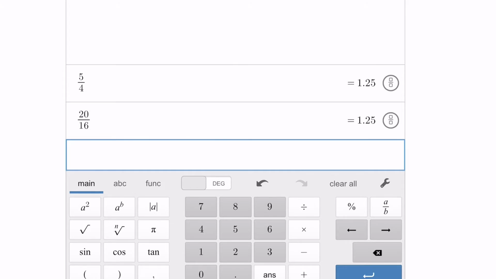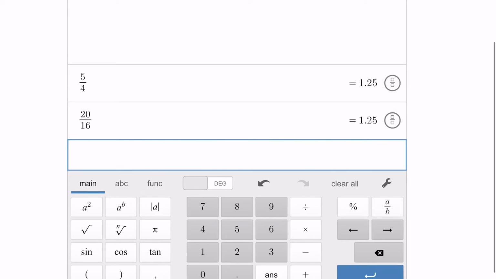What's really cool about this Desmos app is they actually simplify the fraction for you. If you click this little button right here off to the right, I know you can't see my pencil here, but I'm clicking those little circles, and it's going to give me the simplified version of the fraction.